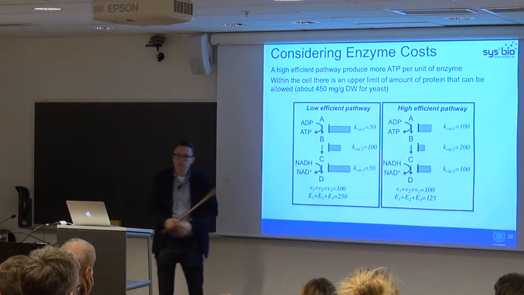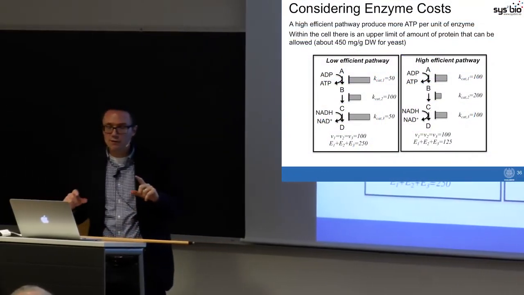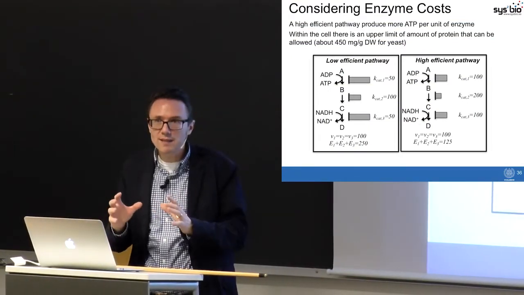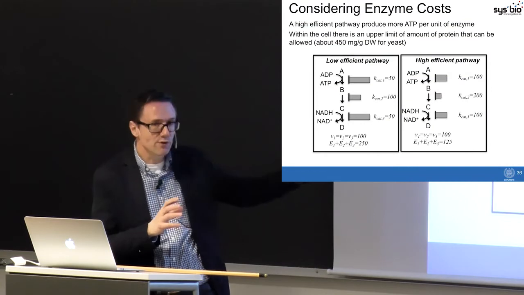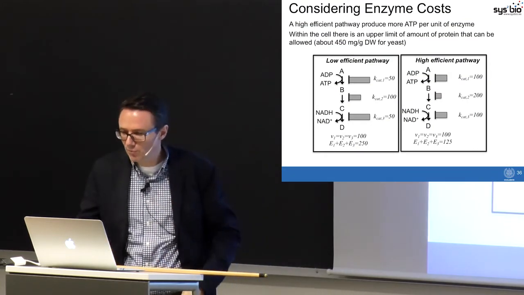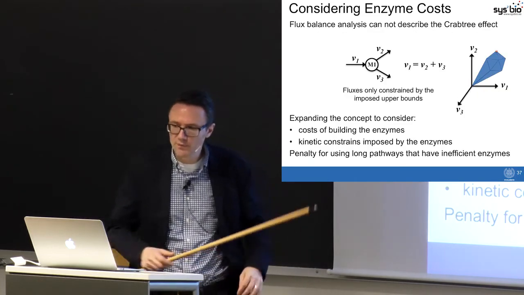You can actually carry out this same flux with half the amount of protein. And as protein comes at a cost inside the cell, that means that you can really favor pathways that have high and efficient kcat. And that's basically the principle we're using when we're incorporating kcat information.